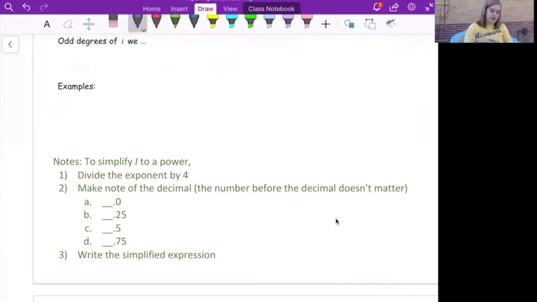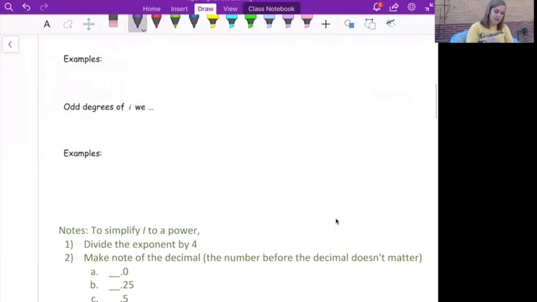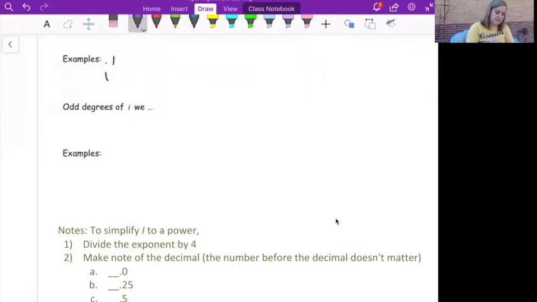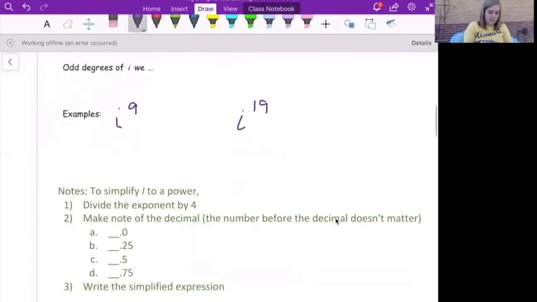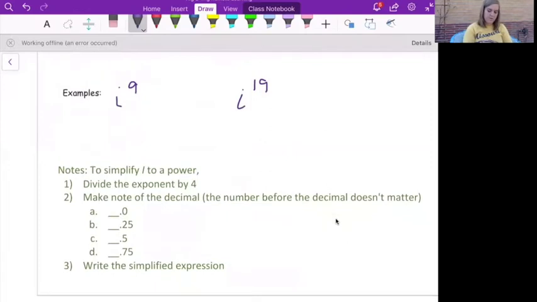But if we are simplifying examples like I to the 16th, or I to the 22nd, or I to the 9th, or I to the 19th, the way that we're going to do this is if we divide by 4 and then make note of the decimal.